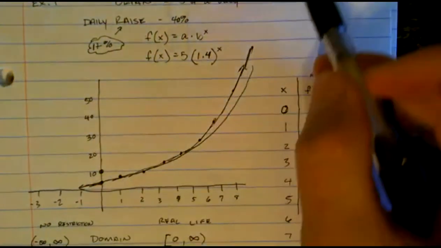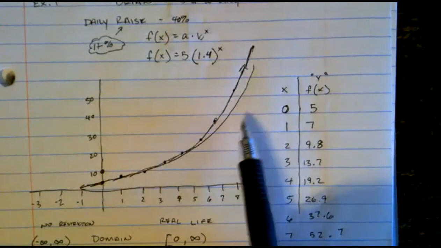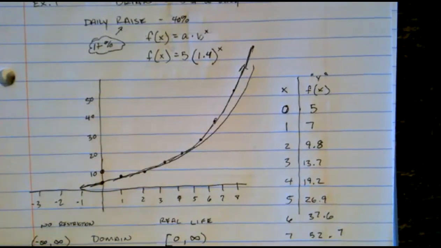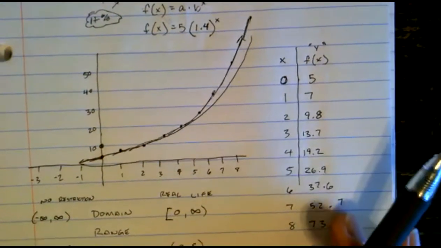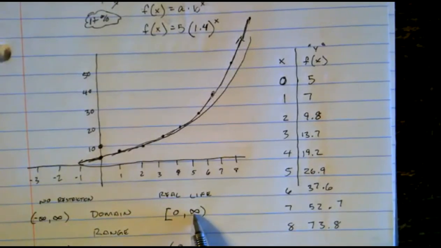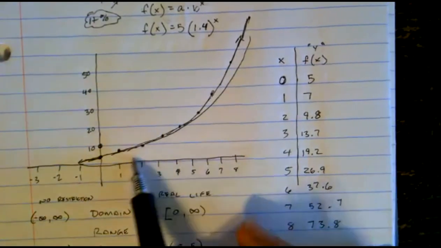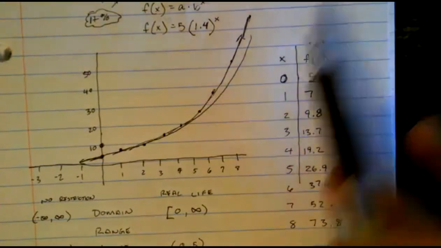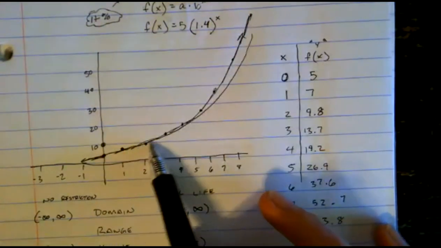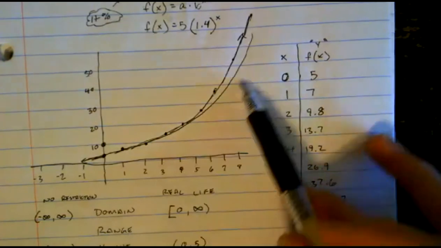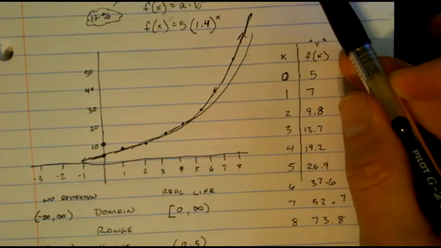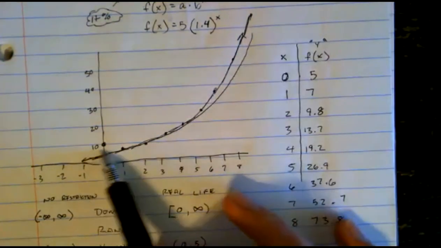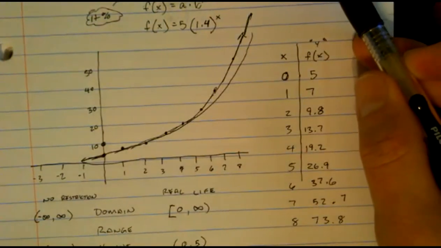We keep moving to the right, which is why the domain is unrestricted on the increasing end. There's no ceiling here. It's going to keep growing and growing.